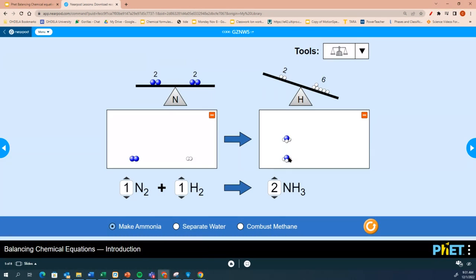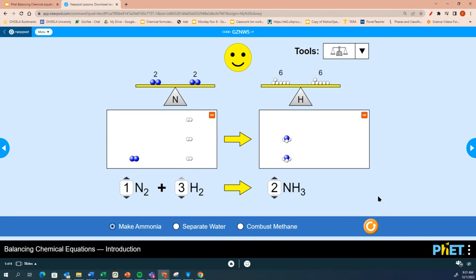I've got 2 molecules of ammonia, but notice now that I've got 6 hydrogen atoms. I only have 2 here, so now I have to come back over here. I'm going to add, now I've added 4. I got 2 and 2 is 4. Still not right. And look at that.